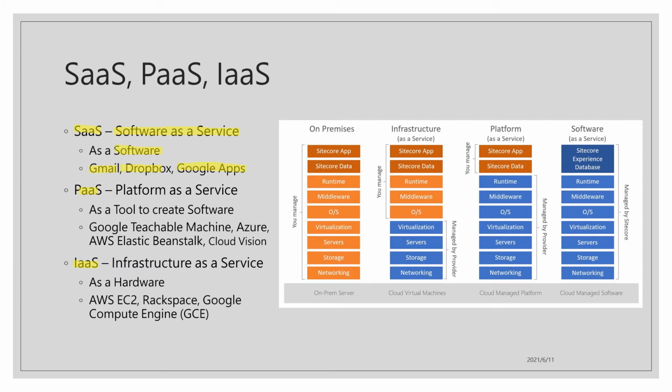Okay, and in these lessons, or most likely for most of the applications, we will use PaaS, platform as a service. That means it's tools or SDK, software development kits, or a library for you to create the software.